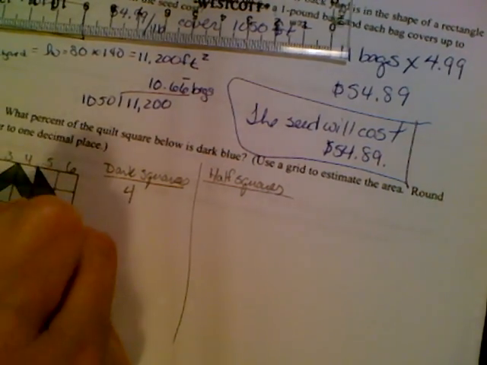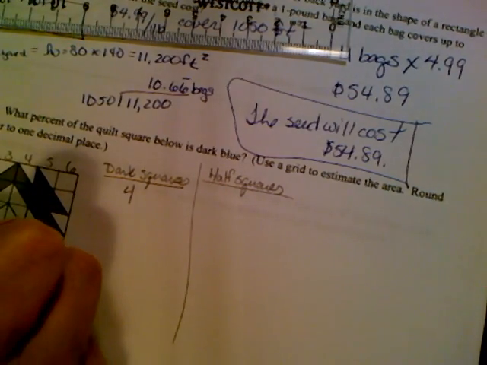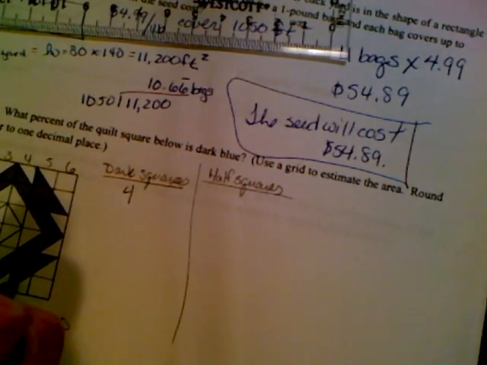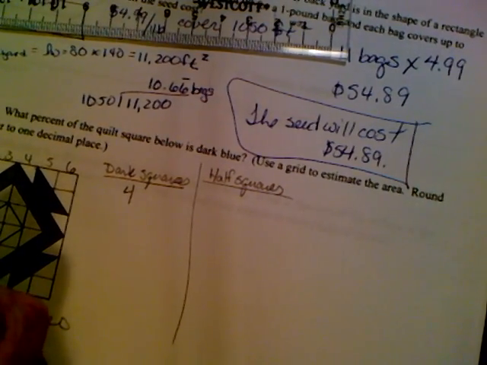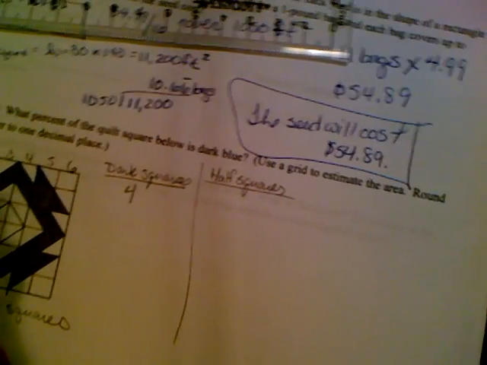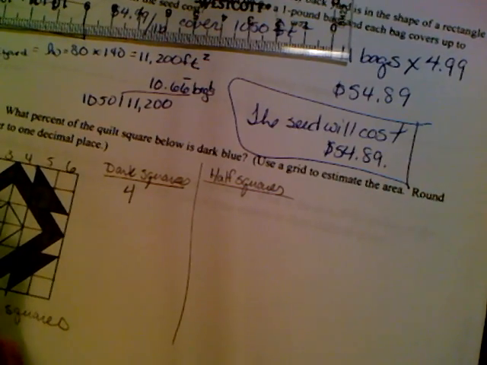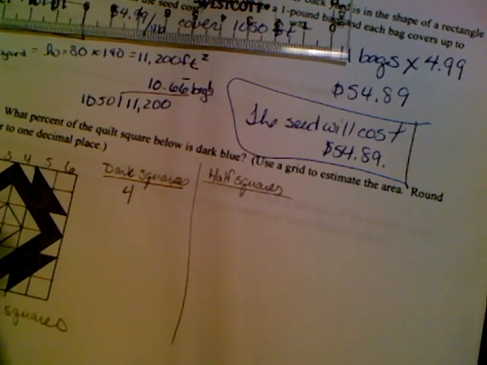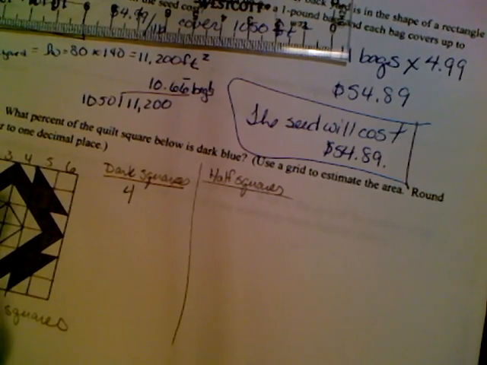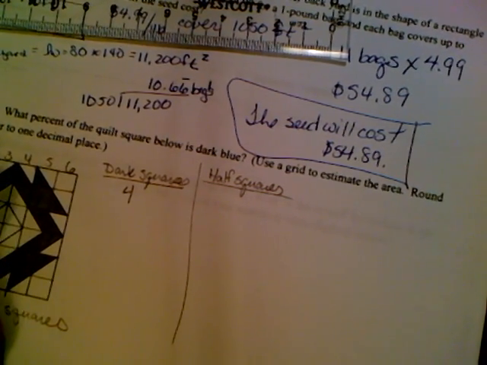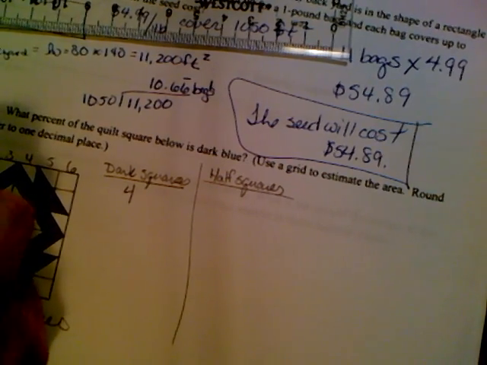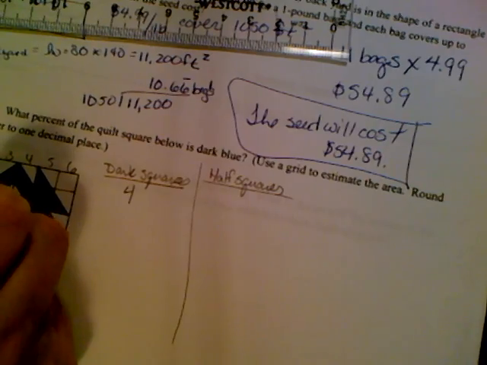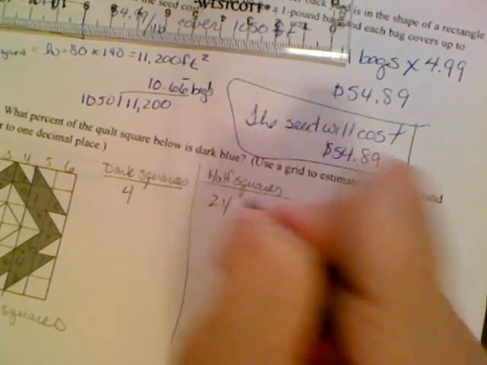I have 1, 2, 3, up to 24. So I have 24 half squares.